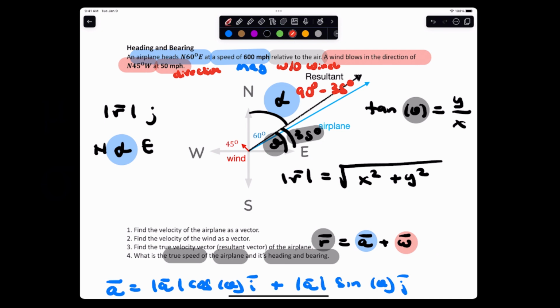That difference is 55. So here we say this will be north 55 degrees east. There it is. That's the resultant vector, ladies and gentlemen.